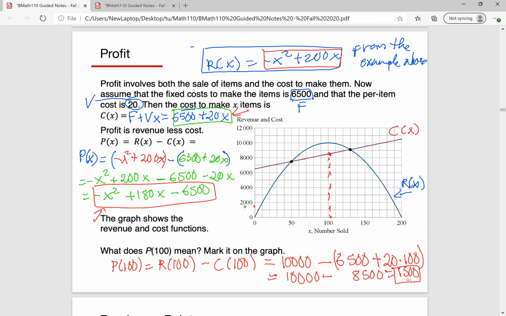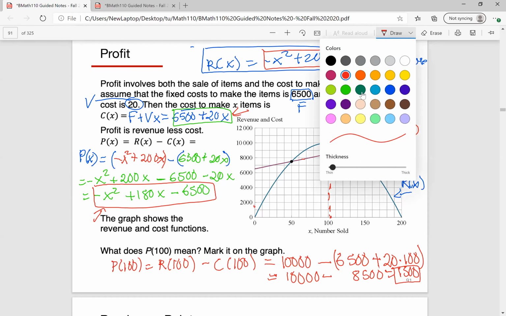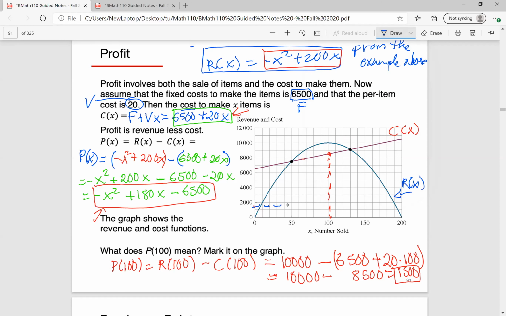So that's gonna be the profit at 100, 1,500.